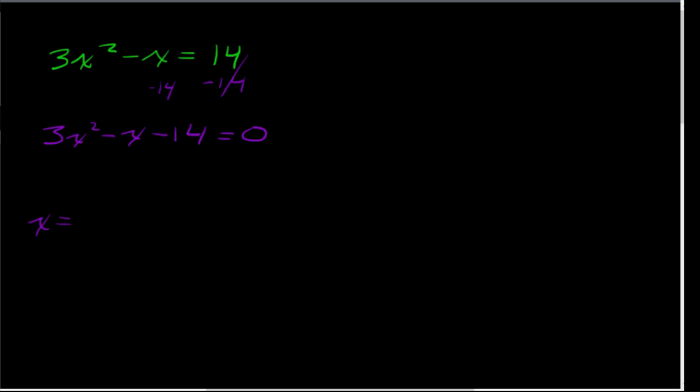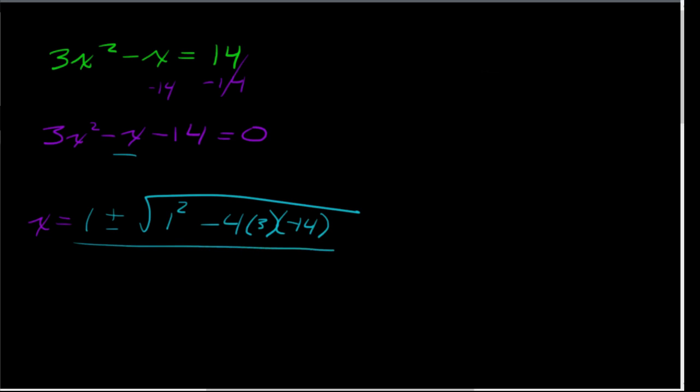Negative b, well, b is negative 1, so negative 1, which is positive 1, plus or minus the square root of b squared. Well, b is 1, so 1 squared, minus 4 times a, which is 3, times c, which is negative 14, all divided by 2 times a. Now we can just keep going with our math. 1 squared is just 1.